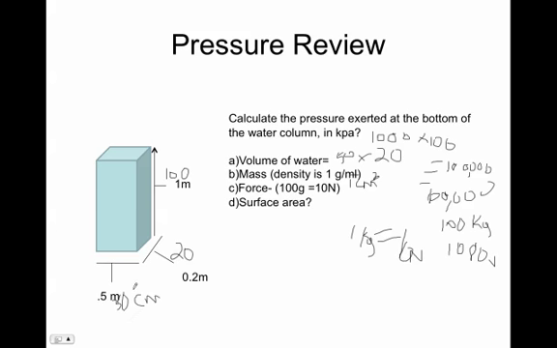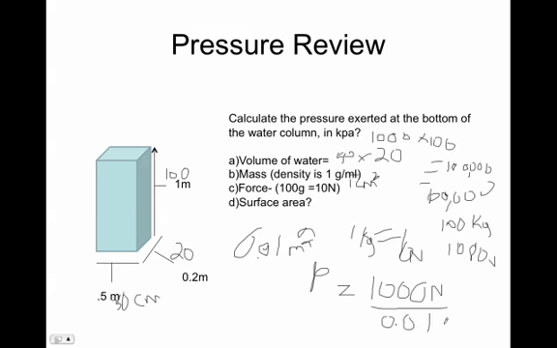Back to meters now. So the surface area is 0.5 times 0.2. So that's 0.01 meters squared. So pressure. So P is equal to 1,000 newtons divided by 0.01 meters squared.